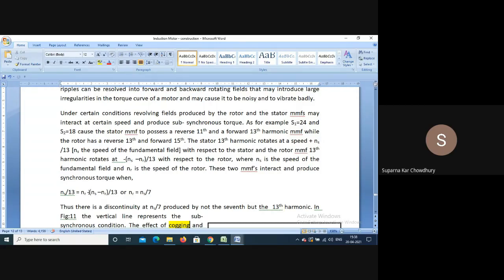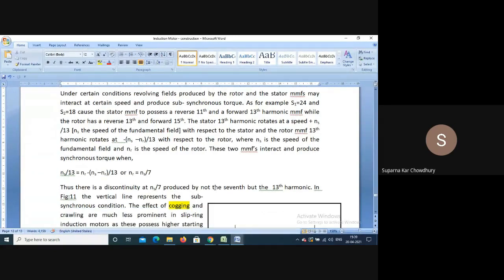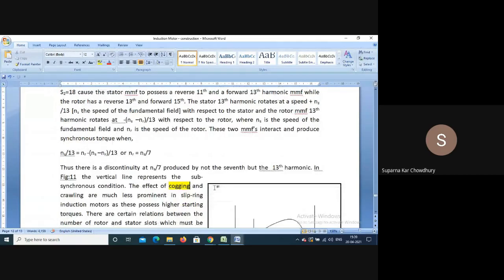With respect to the stator, this will be the speed of the rotor 13th harmonic. So it will give that nr is equal to ns by 7. At this speed, when nr is equal to ns by 7, the rotor 13th harmonic and the stator 13th harmonic rotate at the same speed and interact. So that will have a substantial subharmonic torque. This phenomenon is called cogging.